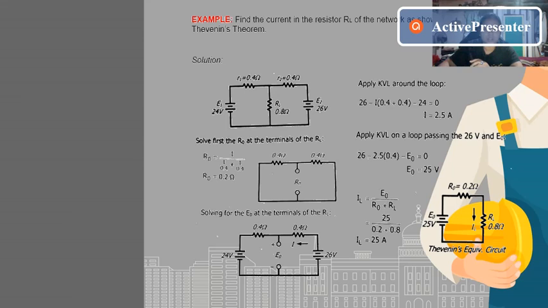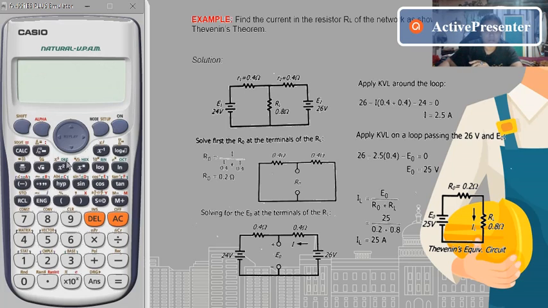So 1 over 0.4 plus 0.4. So our RO will be 0.2 ohms.